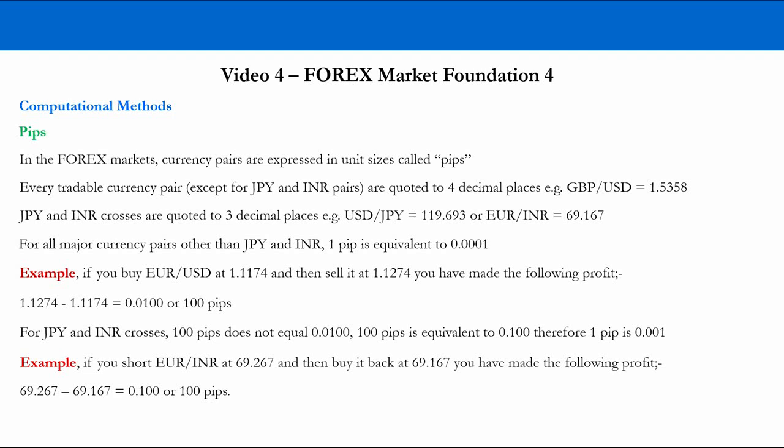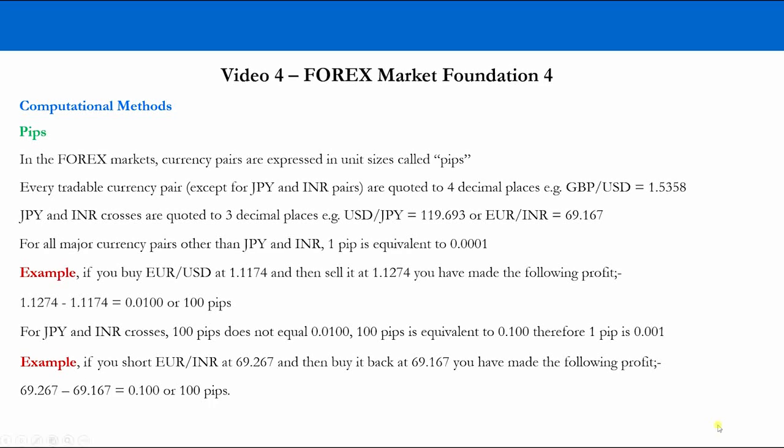So you basically minus 69.167 from 69.267, which equals 0.100, which in this example, because we're using the Indian rupee, is 100 pips.